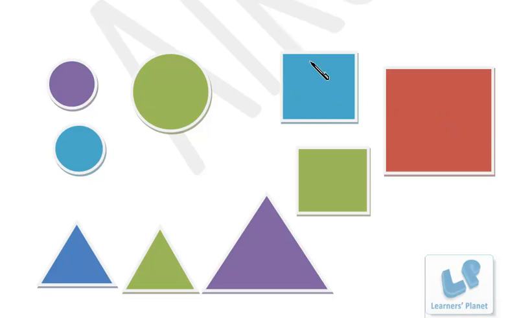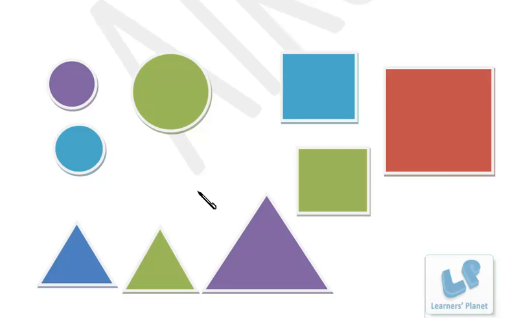That means their shape is the same but size is not the same. Similarly, we can talk about these triangles. These two triangles are congruent to each other because their shape and size both are the same. But if we talk about these two, their shape is the same but size is not the same. That means these two triangles are similar triangles, right?